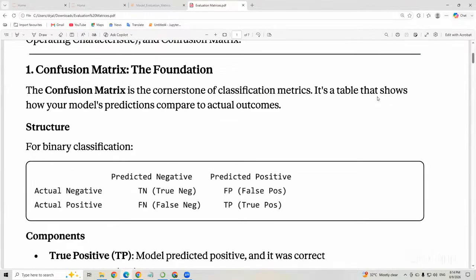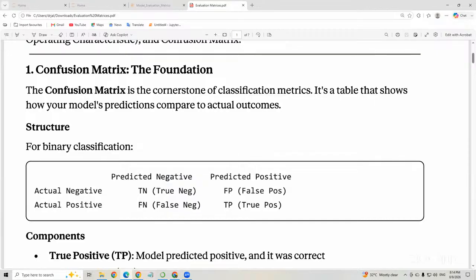The confusion matrix is the foundation of many classification metrics, and it compares what the model predicted with what actually happened. For a binary classification problem, we have four possibilities. First is true positive: the model predicts positive, and the actual result is also positive.